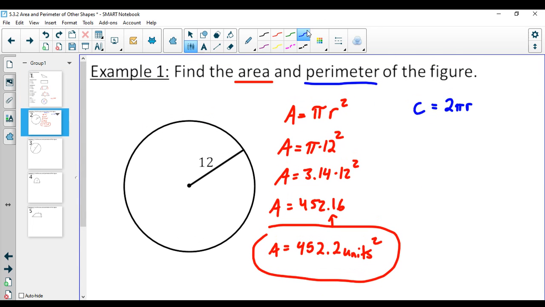So we have the circumference, which is the same as the perimeter, is 2 times pi, which we said we could just type in as 3.14, times r, the radius is 12. And again, this is something we can just throw in our calculator. 2 times 3.14 times 12, 75.36.